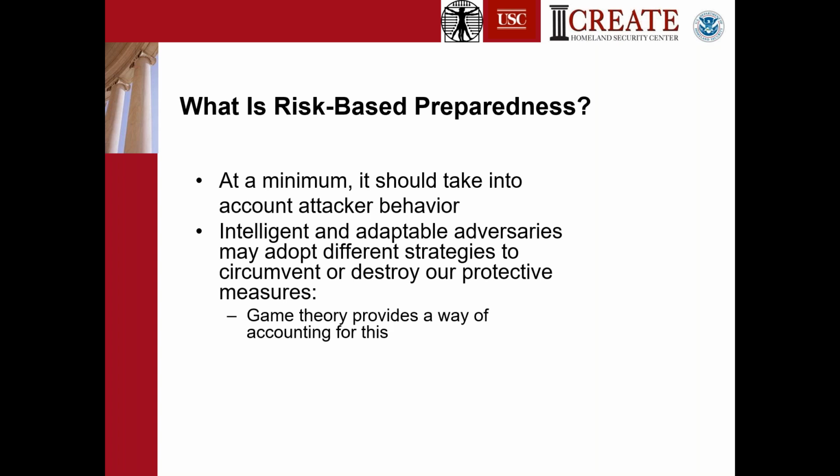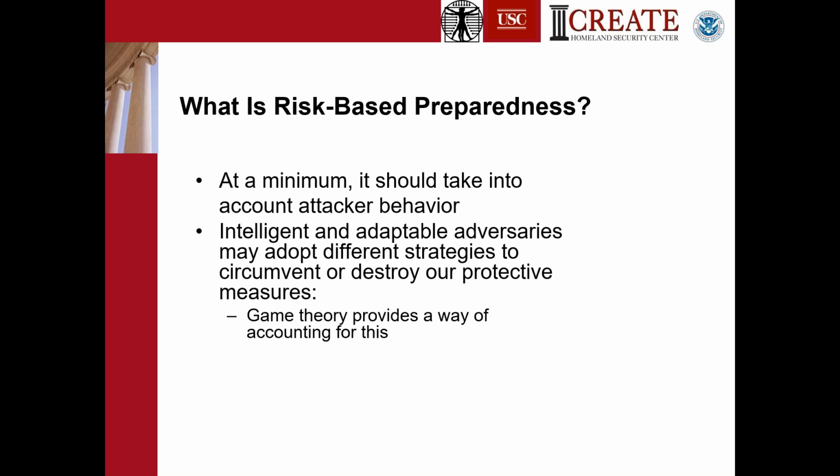So what do we mean by risk-based preparedness? At a minimum, we should really be taking attacker behavior into account. Intelligent and adaptable adversaries can adopt different strategies after they observe or infer what protective measures we may have in place.